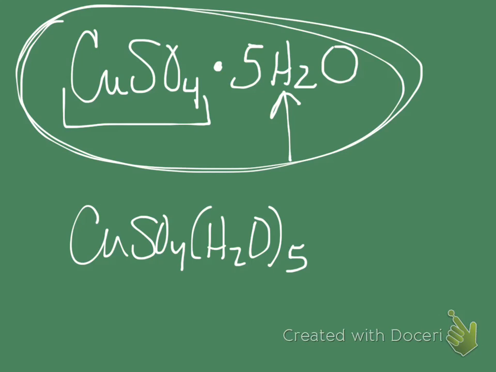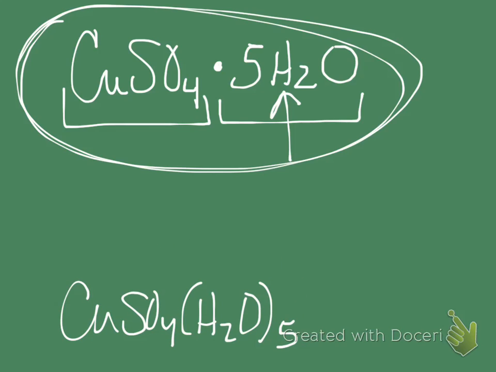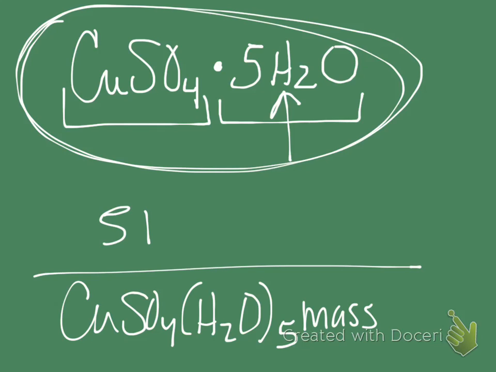It's not that because the water is not a chemical part of the compound. It is hanging out with the copper sulfate. So the mass of that is your whole, and the mass of 5 H2Os is what you're dividing that by. Make sense?